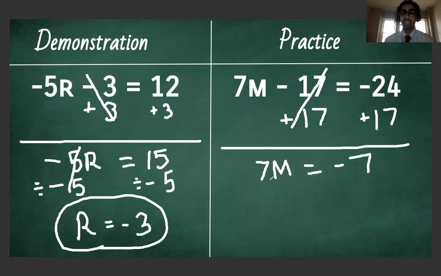So now we have 7m equals negative 7. My goal is to just have m equals something. So in this case, what would I use to get rid of the coefficient? That's right.